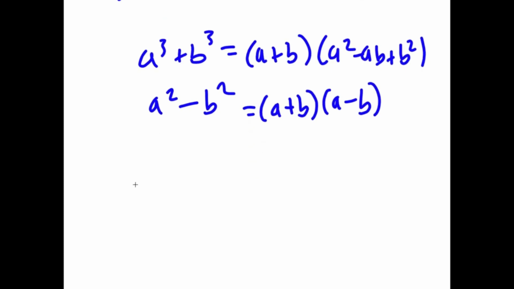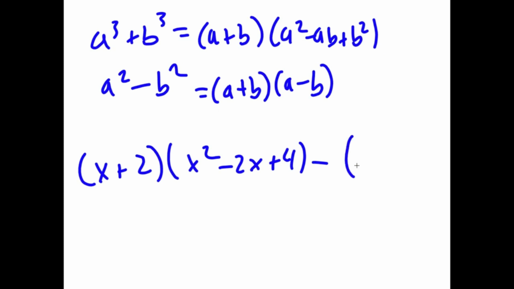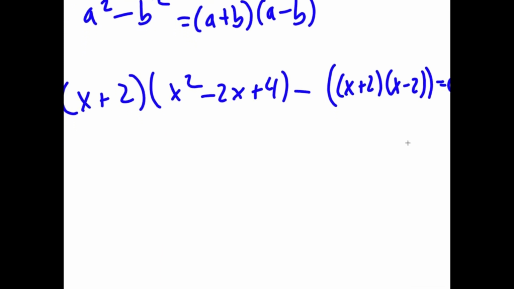So in this case, I get x plus 2 times x squared minus 2x plus 4 minus x plus 2 times x minus 2 is equal to 0.